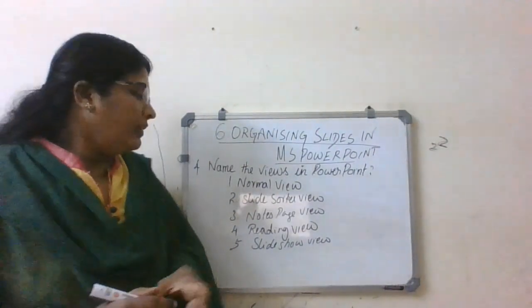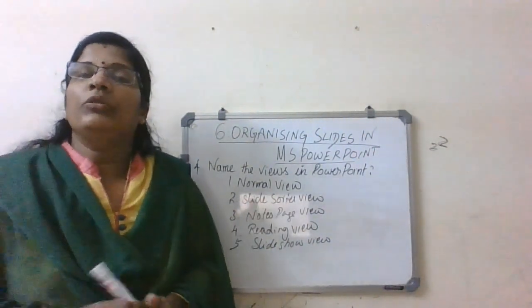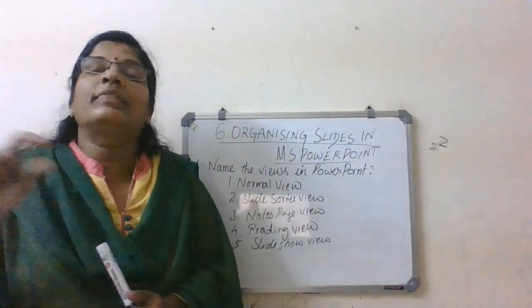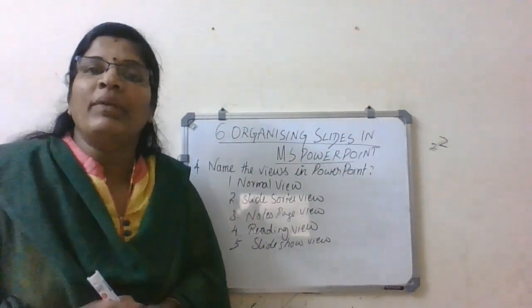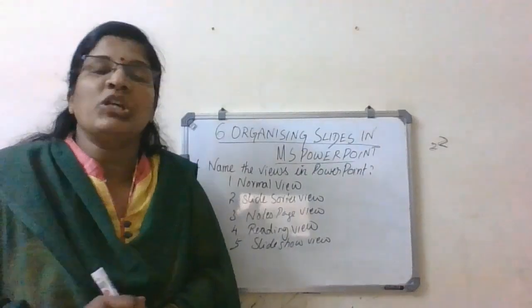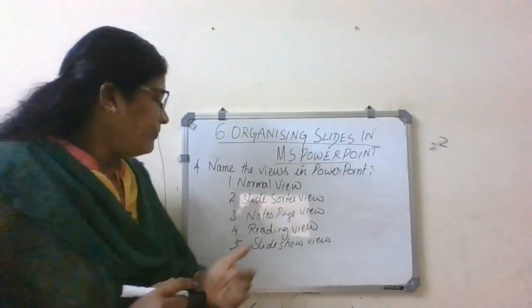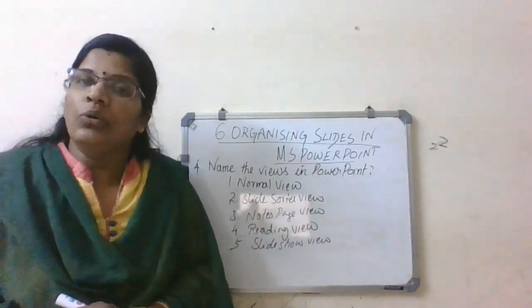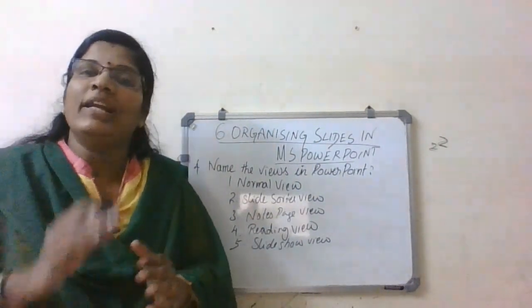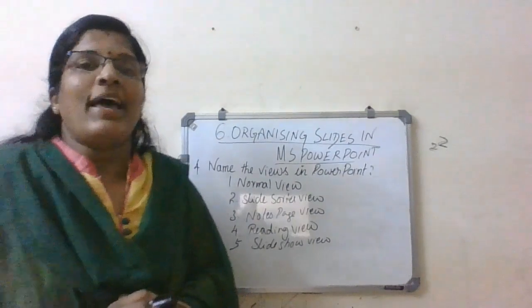Then in Slide Sorter view, you can see all the slides as thumbnails. What is meant by thumbnail? A small picture of a slide is called a thumbnail. Then Notes Page view, you can see only the content written in the slides.